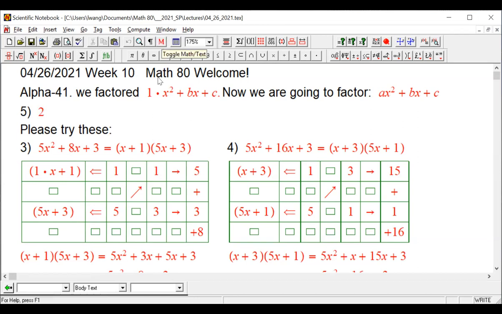Alan, did you finally find the pages? No, I already have the pages. So did you find the alpha 41?